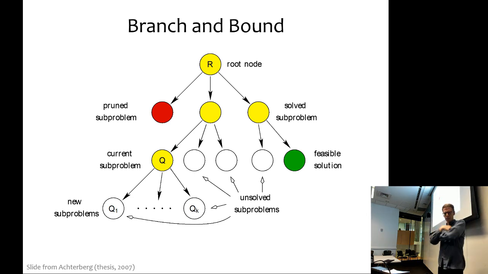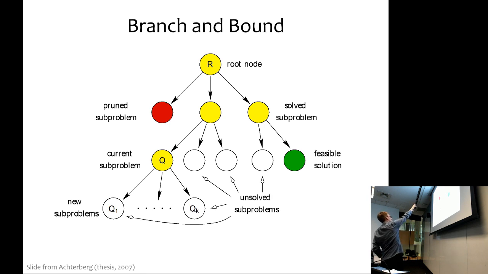Okay, so the whole idea here is that we have this lovely situation, which is that when you subdivide into these problems, you're suddenly able to prune away subproblems. And so here, the yellow nodes are the solved subproblems, and the red nodes are pruned subproblems.